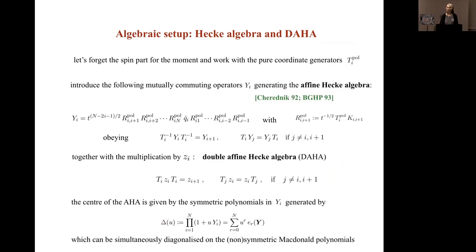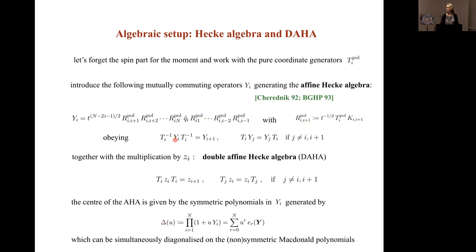model. Okay, so now if we forget the spin part, we just look at the T polynomials. They are the ingredients to define some operators Y_i, which are now the deformation equivalent of the Dunkl operators. So they were introduced independently in these two works. They have some complicated expression in terms of Hecke generators and the permutations.